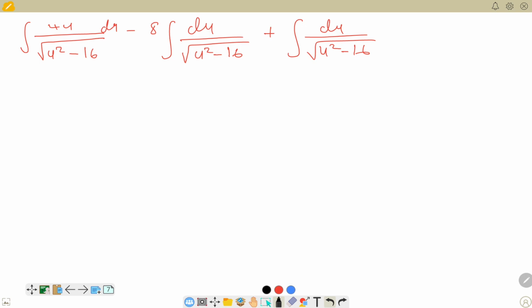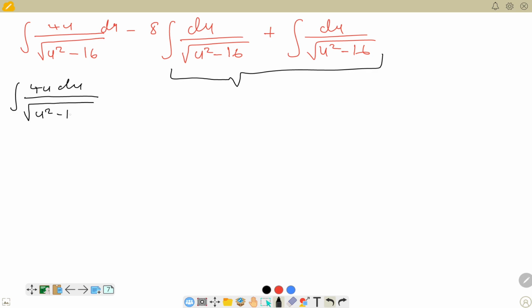Then what we notice is that now these two are the same. So it's like negative 8 plus 1. It's going to give us negative 7. So this side will have 4u du over the square root of u squared minus 16.